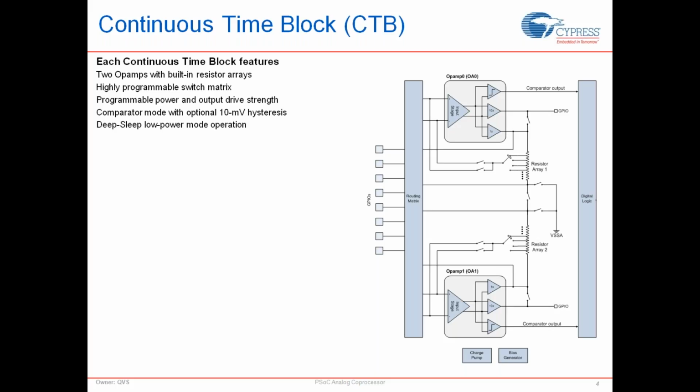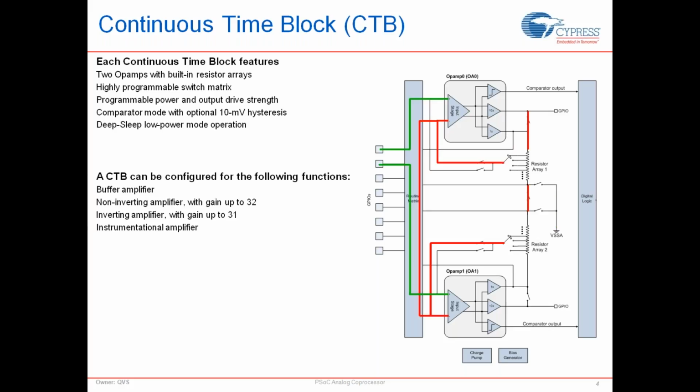With the tapping on the resistor array and the configuration of the resistors, you can provide a gain of up to 32x on the PGA. So that's one application of the CTB, a non-inverting amplifier with a gain up to 32. And conversely, you could also have it as an inverting amplifier with a gain of up to 31.